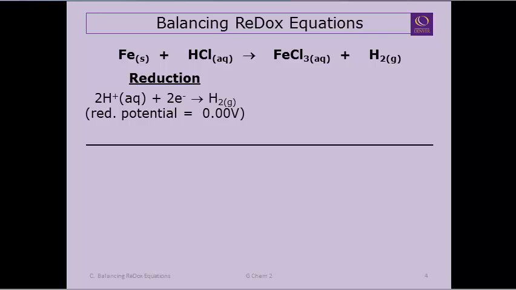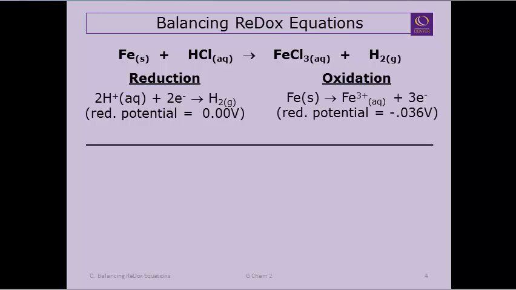So that is what we call the half reaction. And then on the other side, there's the oxidation taking place, which is iron metal going to iron 3+, which is then water soluble. And that releases 3 electrons. And these also are what we would call the half-cell reactions if we want to put them in a battery sense.